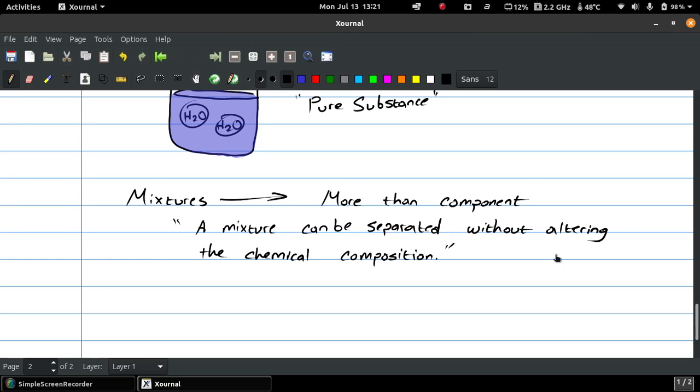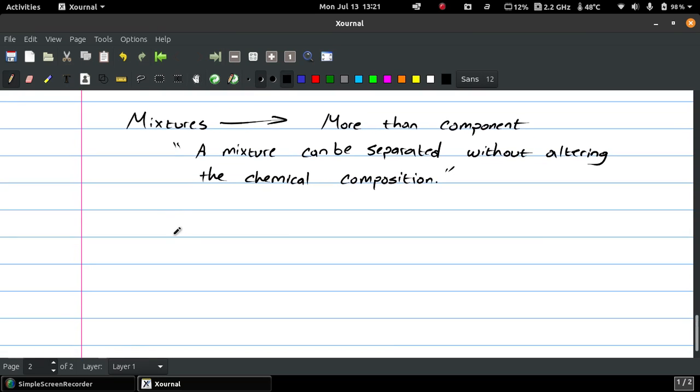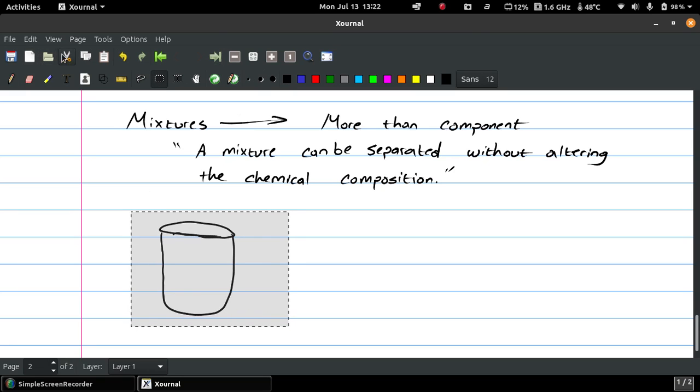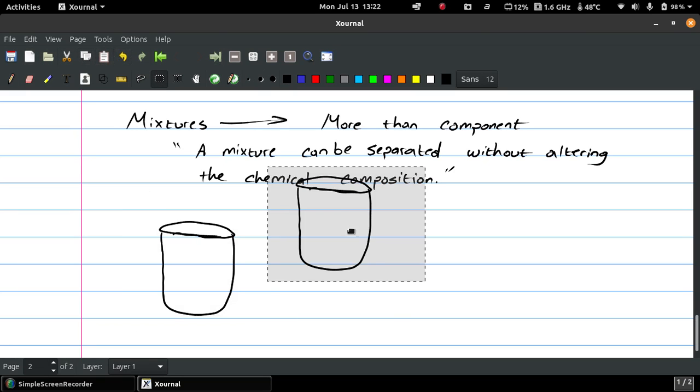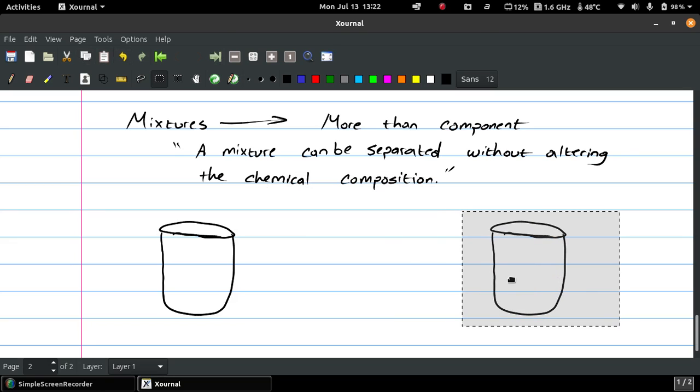So, for instance, I'm going to show you the two different types. I'm going to draw out an example, and then I will label it right next to it. So I'm going to do this one first. I'm sure you did this as a kid.